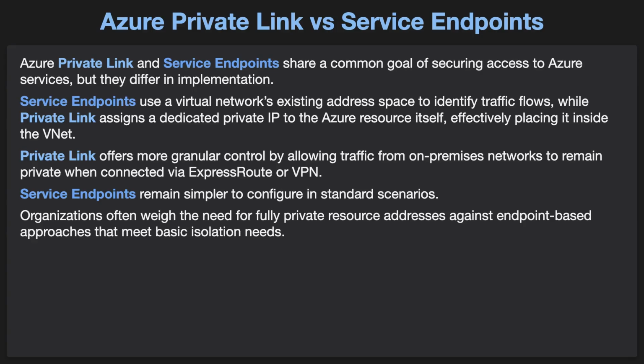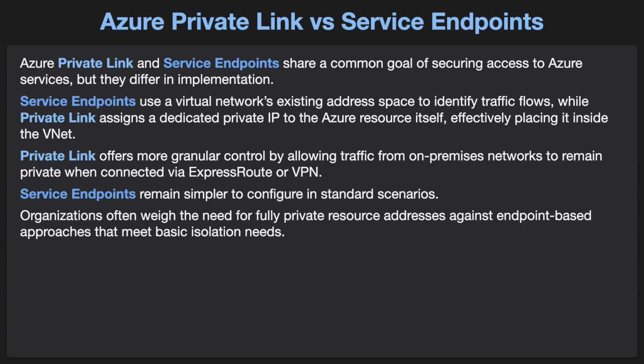Azure Private Link and Service Endpoints share a common goal of securing access to Azure services, but they differ in implementation. Service endpoints use a virtual network's existing address space to identify traffic flows, while Private Link assigns a dedicated private IP to the Azure resource itself, effectively placing it inside the VNet.